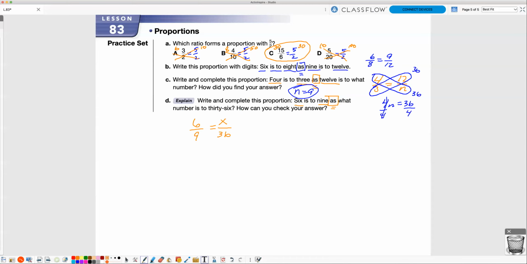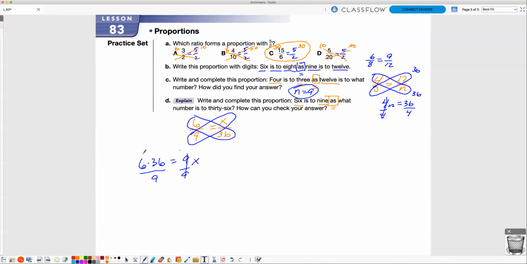All right, so in this case, I now have to do the cross multiplication again. So 6 times 36 is going to be equal to 9 times x. So 9x. So if I was to divide this side by 9 and then divide this side by 9, I now have x alone by itself.